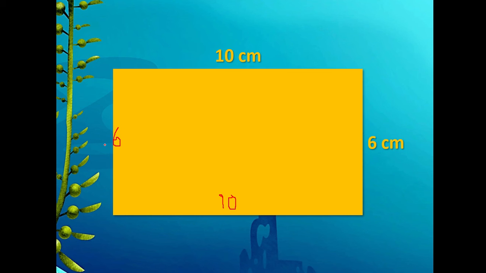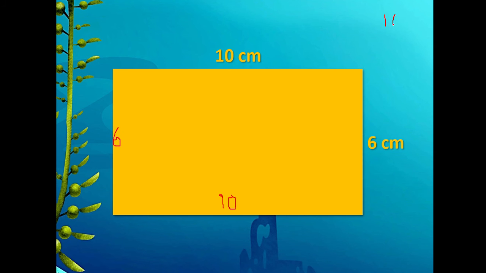Now, when I remember what perimeter is all about, I know that I've got to add up the lengths of all the sides. So I need to add up 10, 10, 6, and 6.